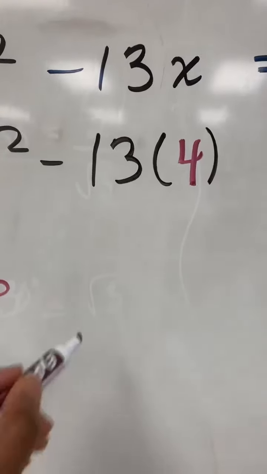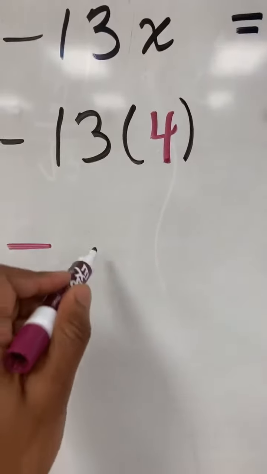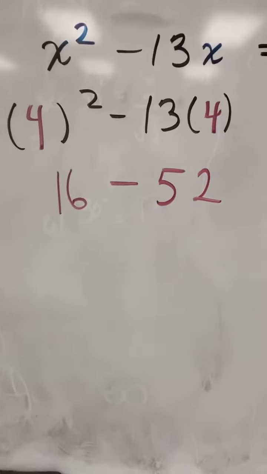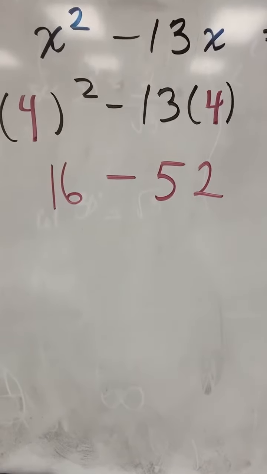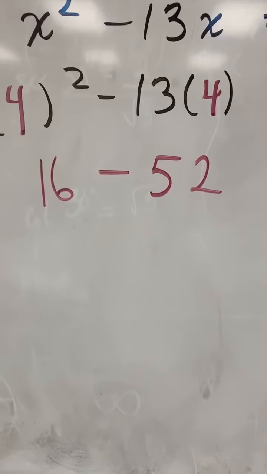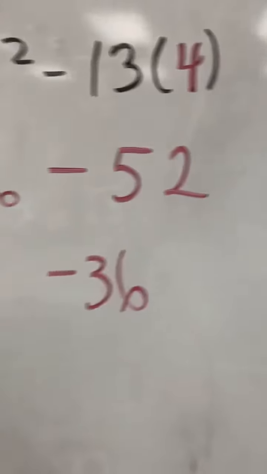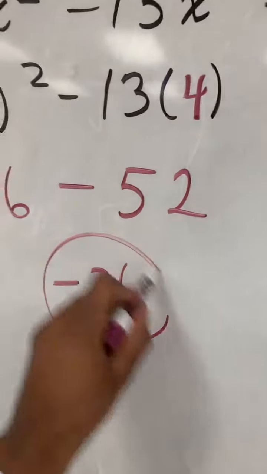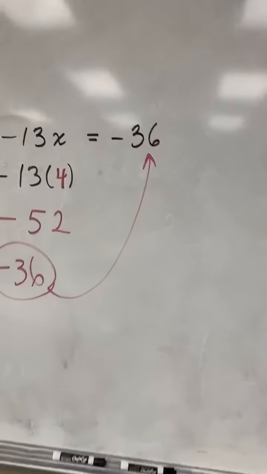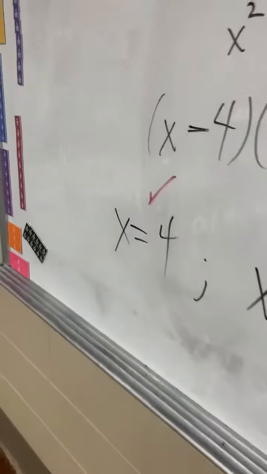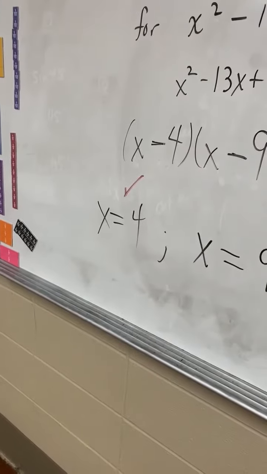And 13, this times that should be a 52. And if you do 16 minus 52, you will get a negative 36. So look at this. I have a negative 36 here, and that's exactly what I should have gotten there. So I have verified my first solution.